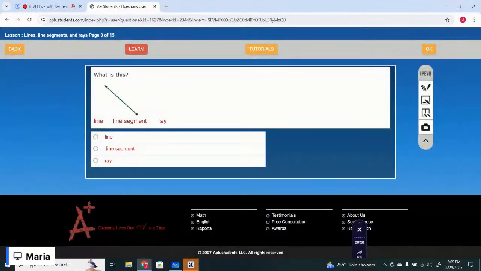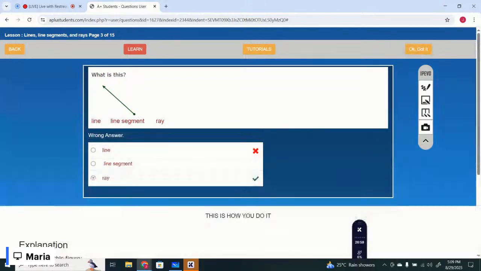What is this? Line, line segment, ray. That is a line. Option number 1 is the correct option.